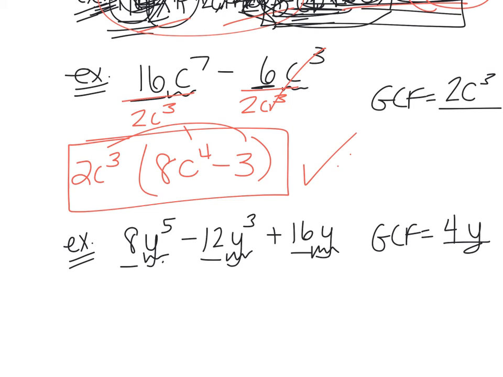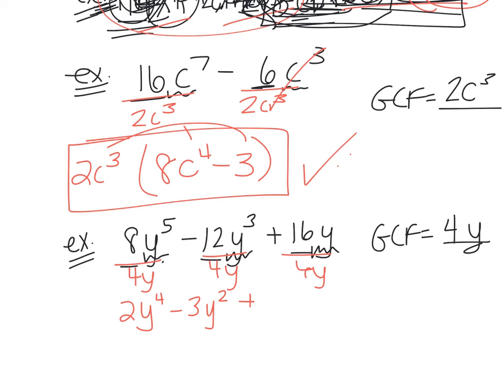So now, I'm going to divide everybody by my GCF. So, 8y to the 5th divided by 4y, so 8 divided by 4 is 2. Y to the 5th divided by y is y to the 4th. 12 divided by 4 is 3. Y to the 3rd divided by y is y squared.